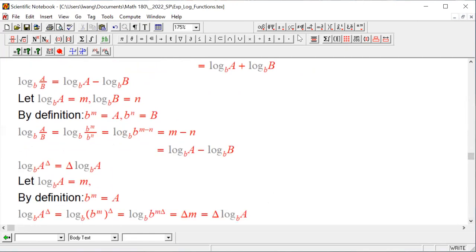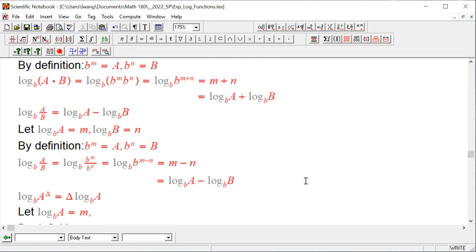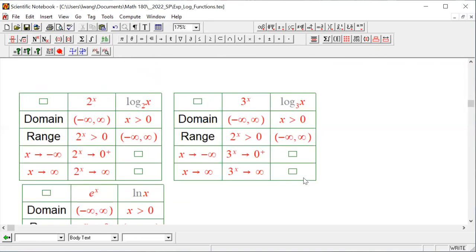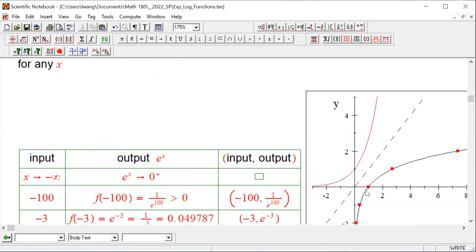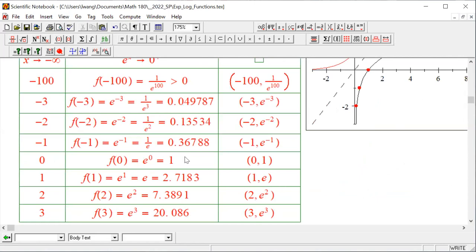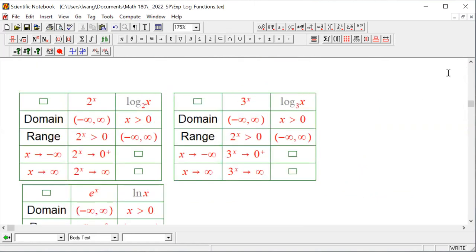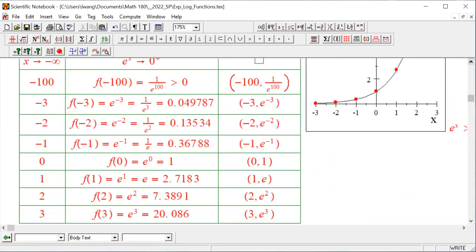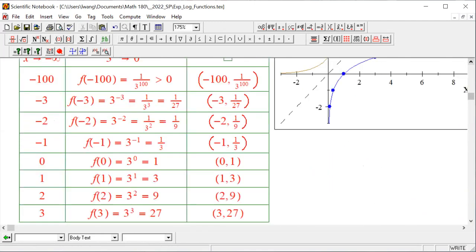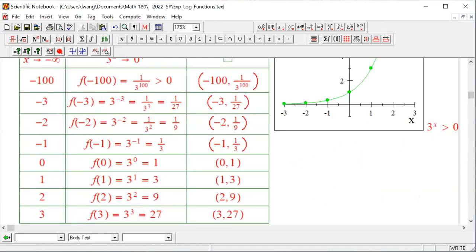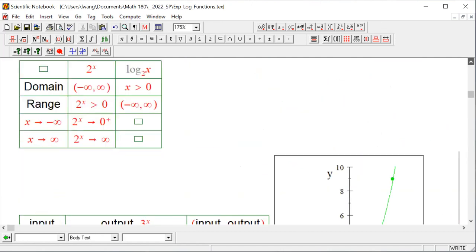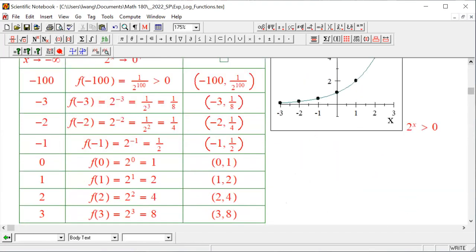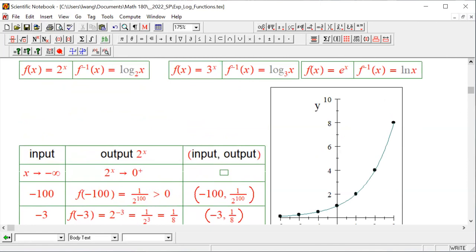log base anything, as you see in the previous examples we've done. If you look at all the log forms, let me show you the log. Okay, that's fine, log base 2.